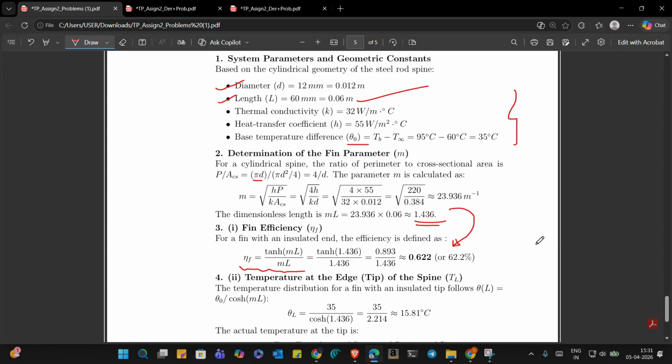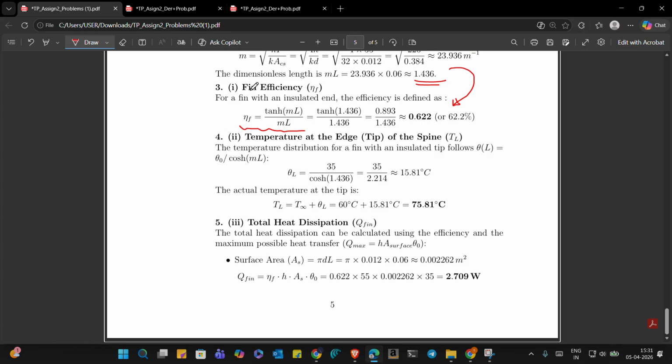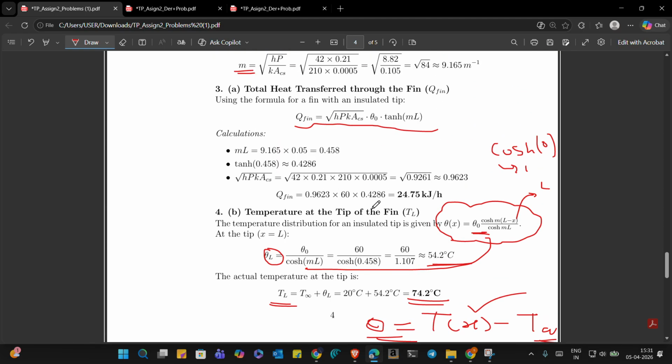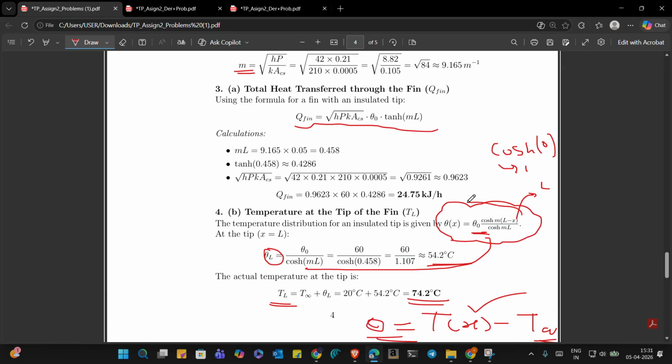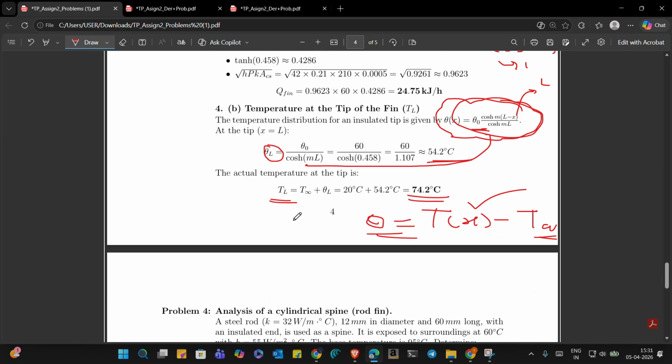So this is how we have found the fin efficiency. Thirdly, we have to find the temperature at the edge of the fin. As we did in the prior question, we use the cosh formula. We are going to use the same formula for the insulated fin case.